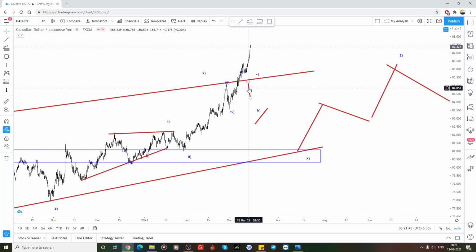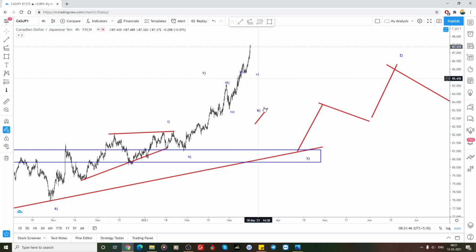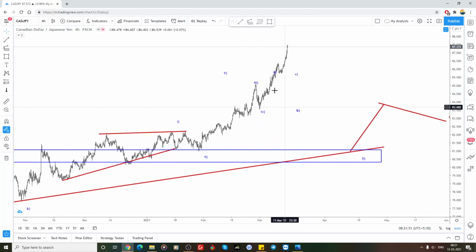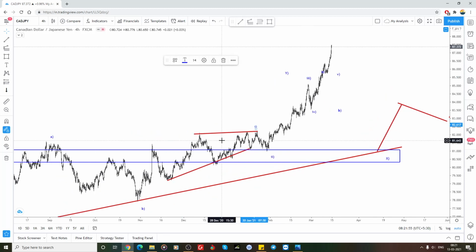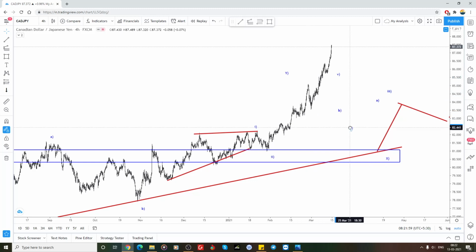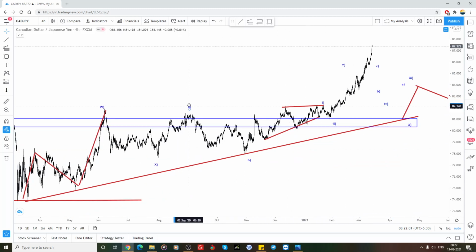Wait a moment. Yes. So if this is a 1, this is the A, this is the B, so C is a diagonal wave, or we can make this a Y, because it's already broken the high.